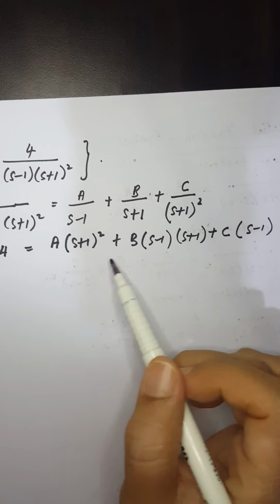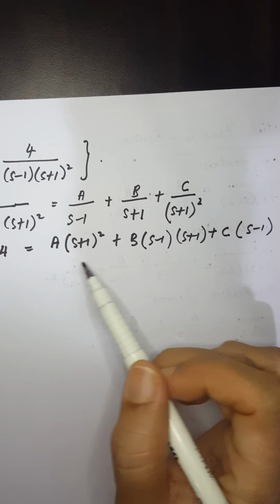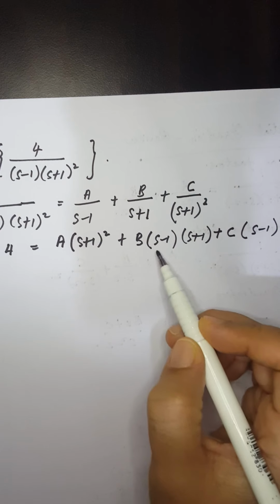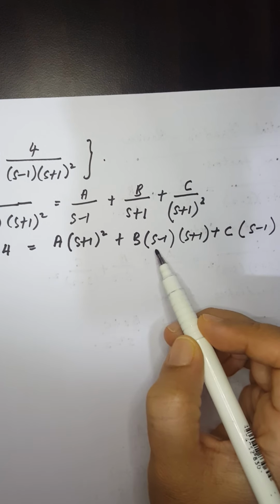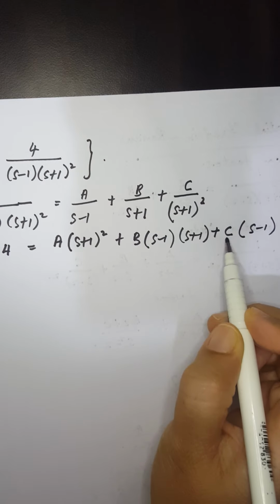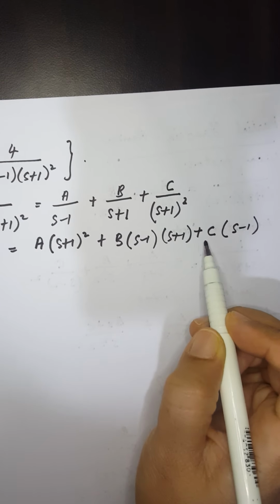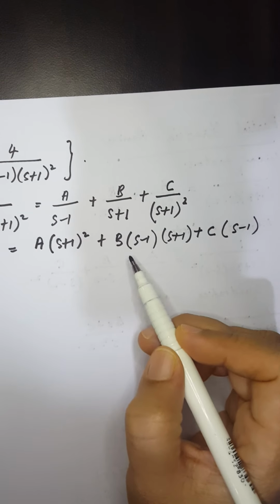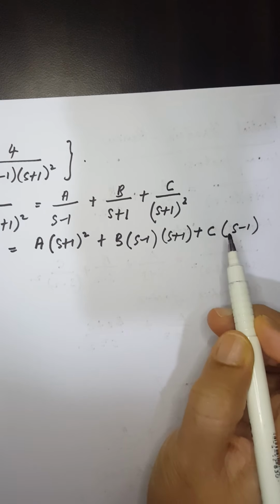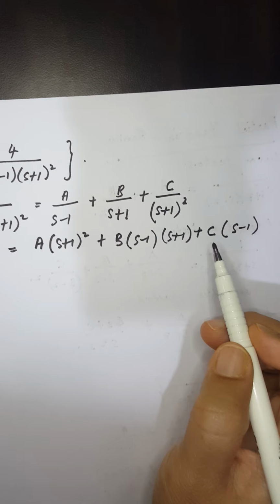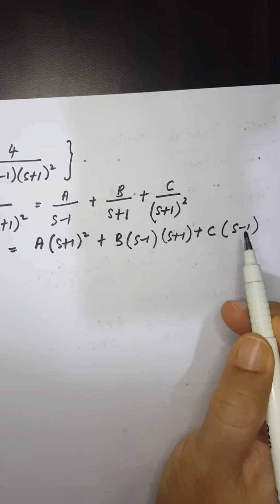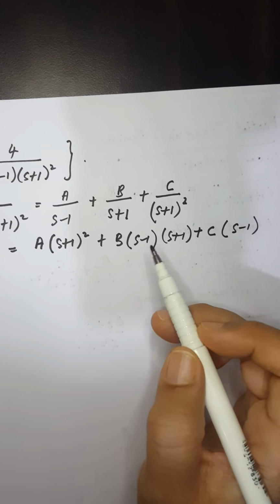Okay, so let's try. If we want to find A, we need to eliminate B and C at the same time. The expressions involving B and C have common factor s minus 1 over here.